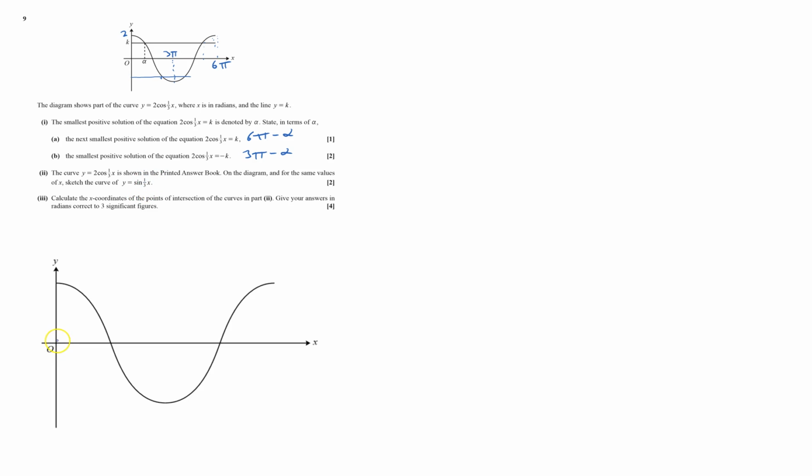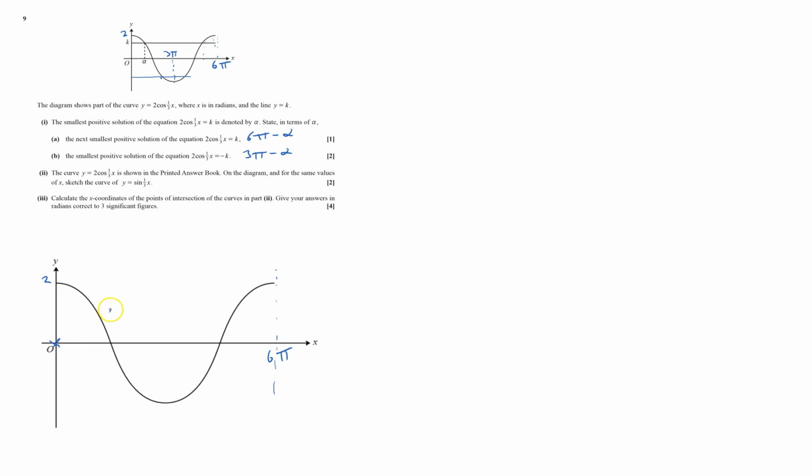So sine will definitely start here, rather than starting at 2. And it's a sine of a third x, so it'll still take 6 pi to get right to the end. So when it gets to the end down here, it'll be crossing over as it goes up to 1, because it's not 2 sine third x, it's just one of them.